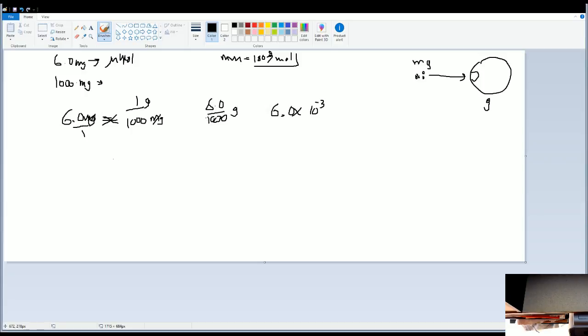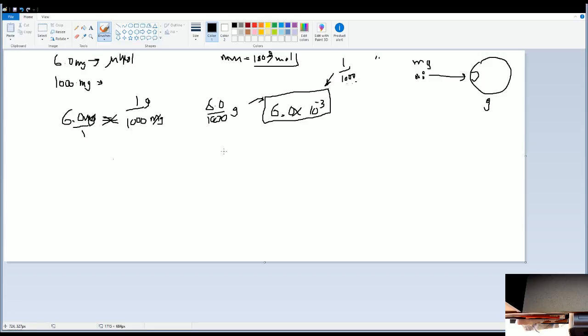So once you divide this by 1,000, it's the same as doing this. So you can write 6 times 10 to the negative 3. 10 to the negative 3 is 1 over 1,000. Just count the zeros, 1, 2, 3. You can go the other way, like times 1,000 is 10 to the 3. You probably know that.